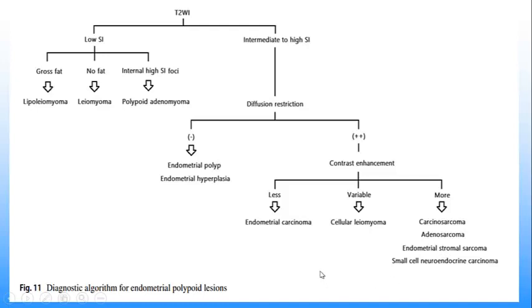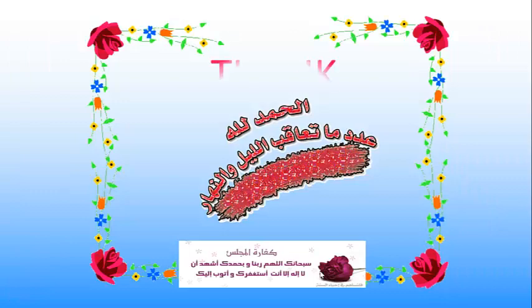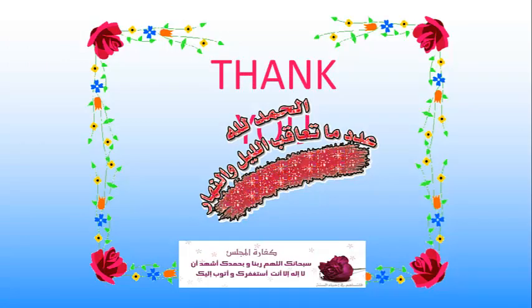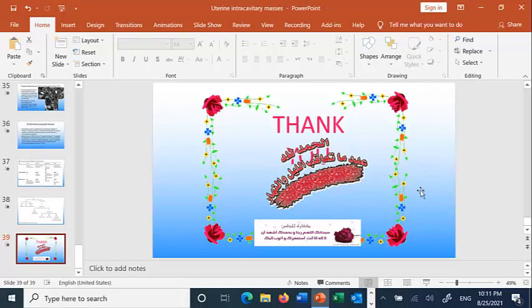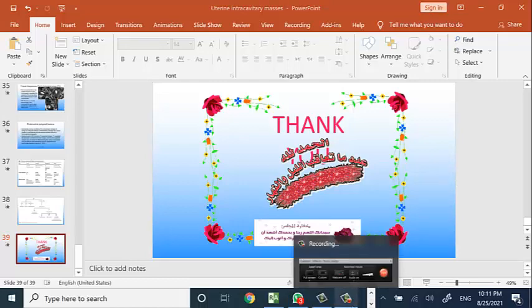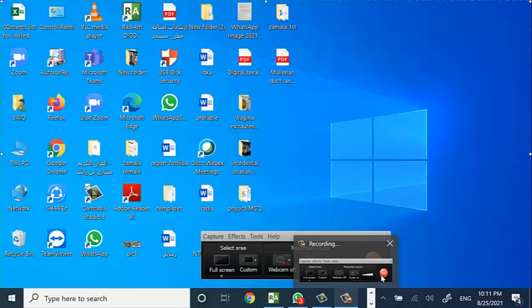I think by that we generally have an idea how to approach intracavitary uterine lesions. Sometimes it's good, and sometimes we need more to confirm that it's a rare entity. Thank you.